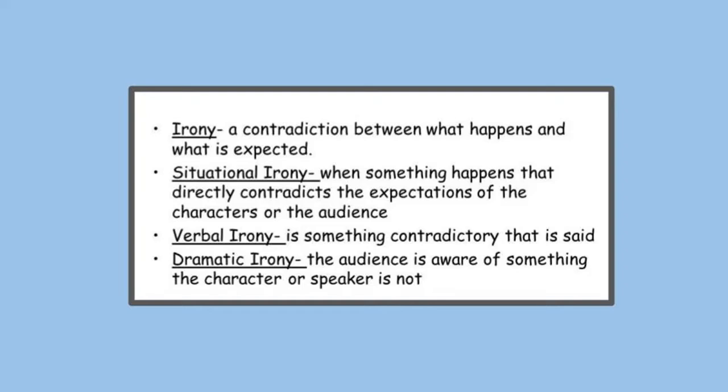There is situational irony, when something happens that directly contradicts the expectations of the characters or the audience, being us, the readers. Then we have verbal irony, which is something that is contradictory to what is being said. Then we have dramatic irony. The audience is aware of something, but the character or the speaker is not. In this case, it would be Jonas who is not.